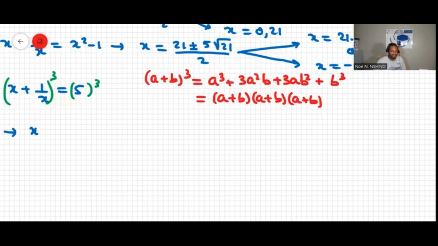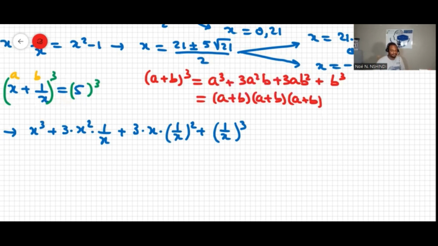So now I prefer to apply this formula here, and this will be x cubed, because in this case my a is x and my b is 1 over x. So it's going to be x cubed plus 3 times a squared, so x squared, times b, which is 1 over x, plus 3 times a, which is x, times b squared, which is 1 over x squared, plus b cubed, which is 1 over x to the power of 3.